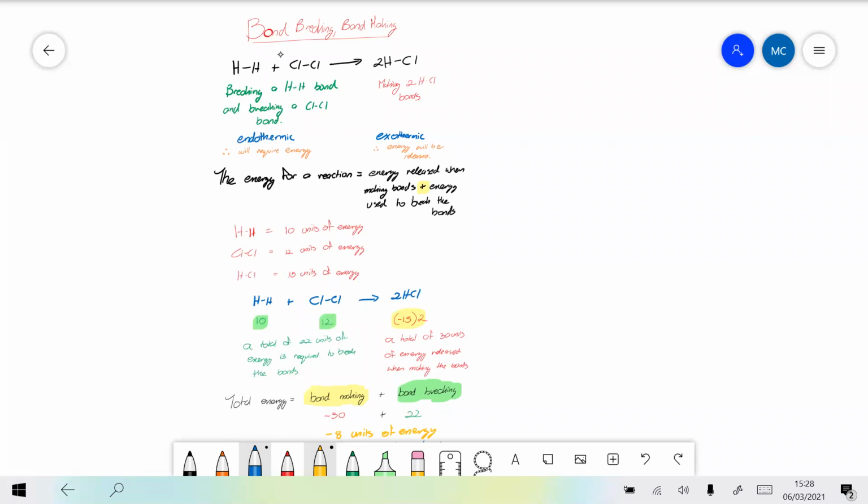Okay, so breaking the bonds is always an endothermic process, whereas releasing energy, exothermic, will be happening every time you make a bond. In order to find the energy released or absorbed in a reaction, we can then see the energy needed to break the bonds of the reactants, and we can also find the energy released when making the bonds of the products. Okay, so now it will be time for you to work a few questions.